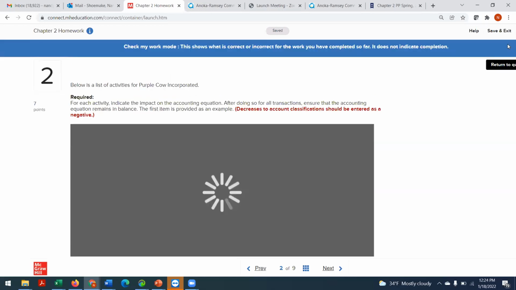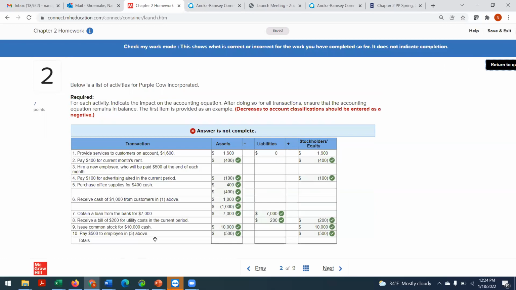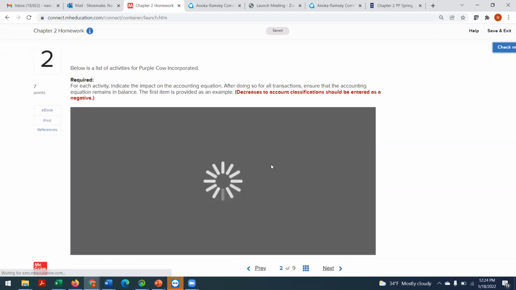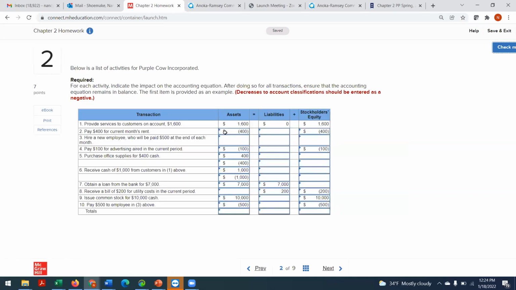Do they want us to put all the totals in here? I don't think so. The answer is not complete. I guess they want us to show all of these. So 12, 11, 15, 11, 21, 11, 100, 8,700, 18,700, 18,200.